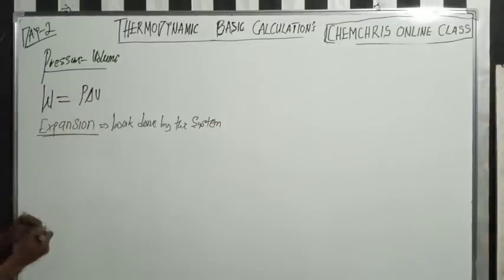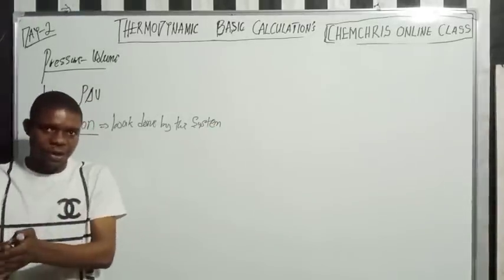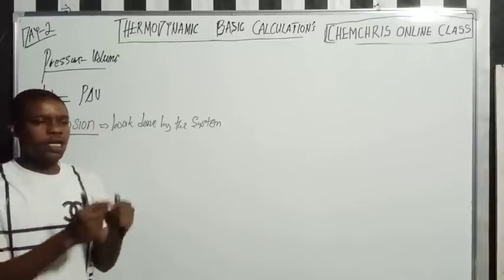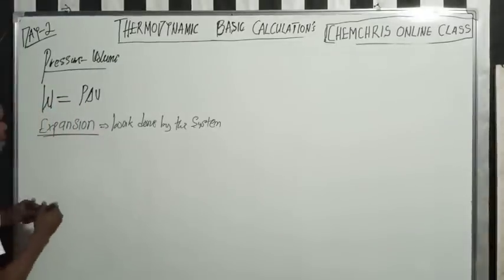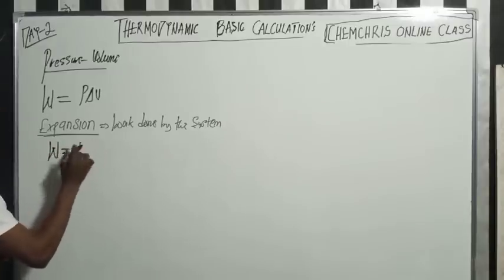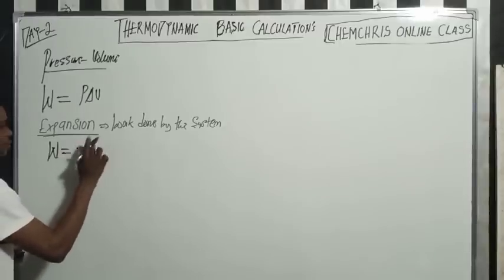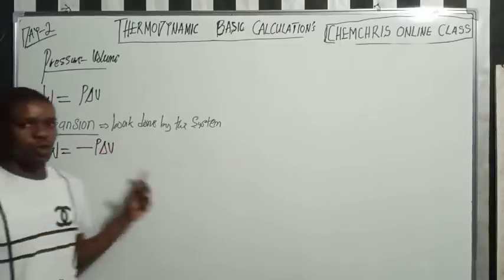Okay. And when work is done by the system, it is always negative. So expansion, work done by the system on the surrounding, is always negative. So you have W equals minus P change in V. It is very important to know this.